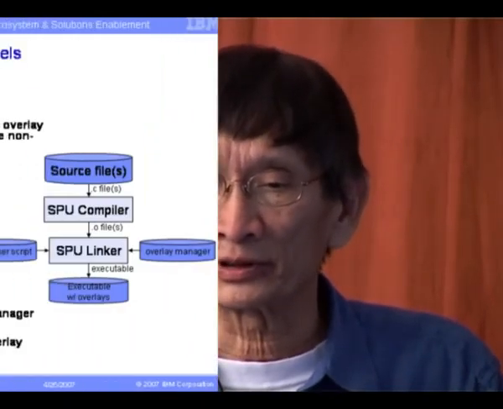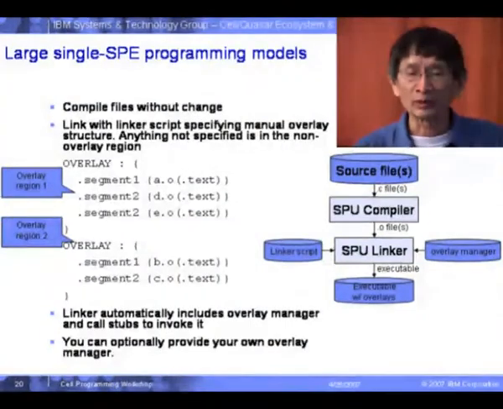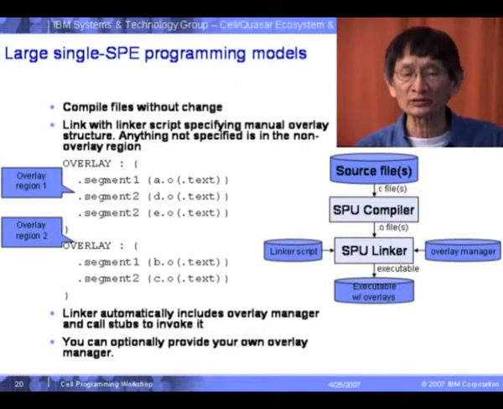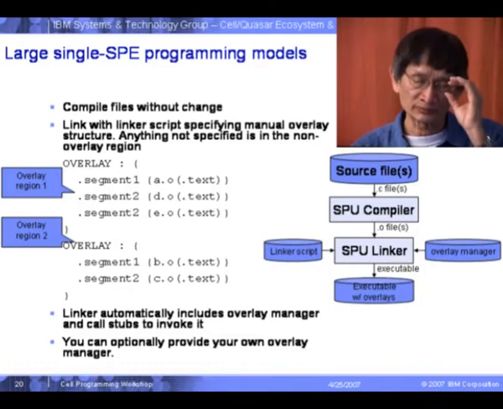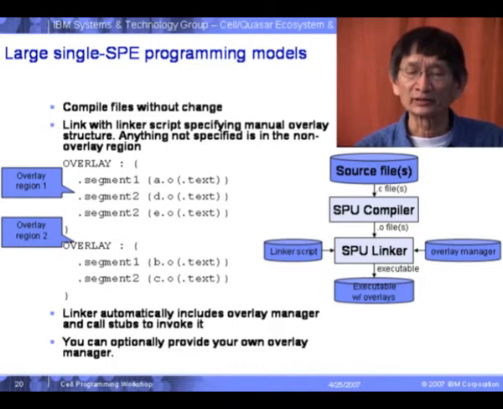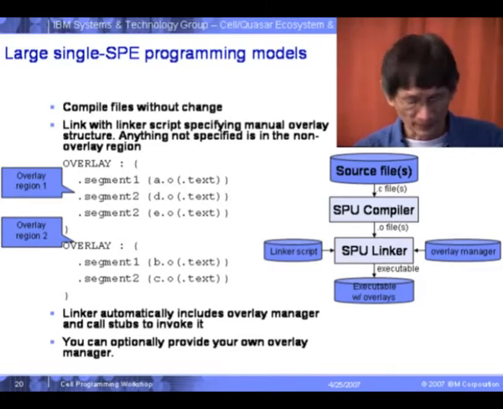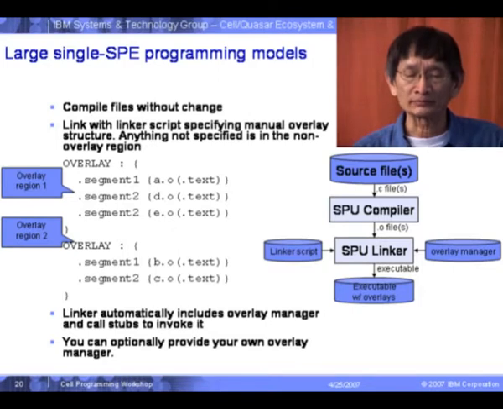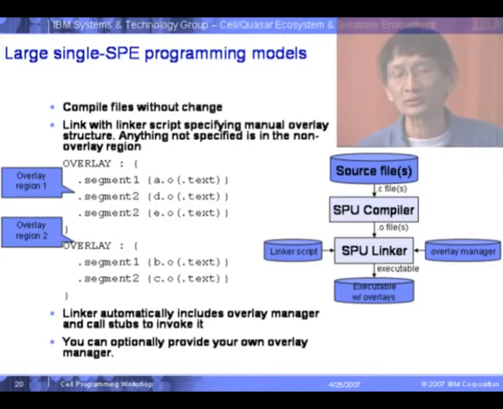An example showing this chart over here: we have two overlay regions. We call them region 1 and region 2. In region 1, we load the segments of all of the text, and segment 2, data, text, and objects, and so on. Segment 2 again, maybe in the executable, objects and ELF format. Then in overlay region 2, we load segment 1 and segment 2 for B and C, and so on.